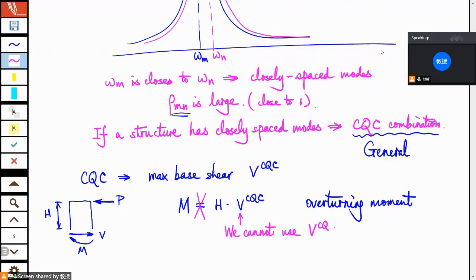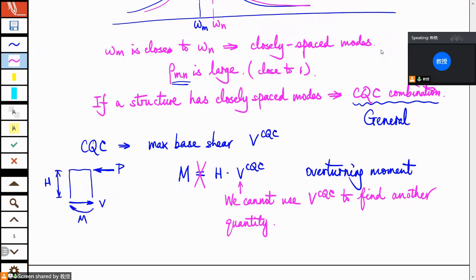So we cannot use V CQC to find another quantity. Okay, so what you have to do is you have to have M equal to A n Q n, and then use this CQC to find M CQC.